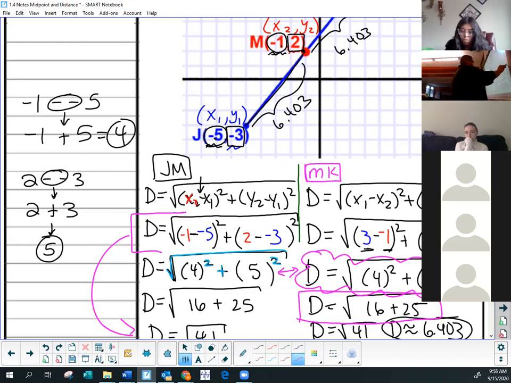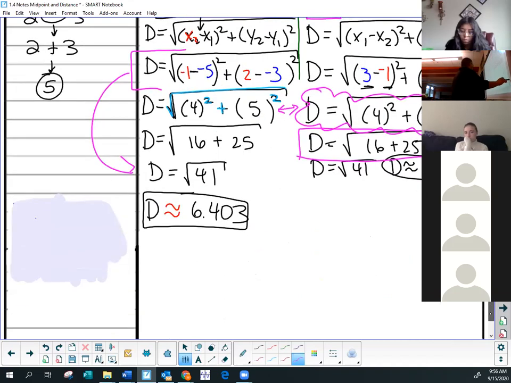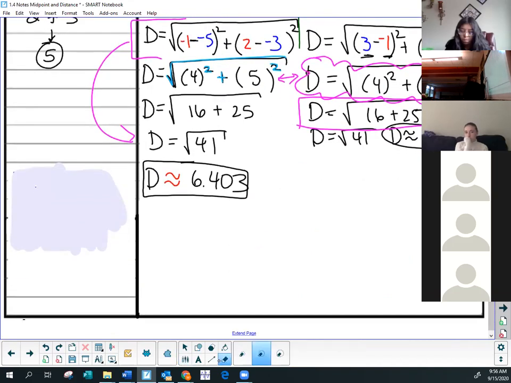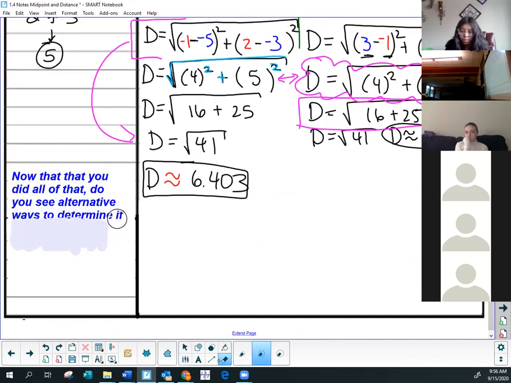All right. So in this analysis, I'd be remiss if I didn't ask this question then. Does anybody see a different way to calculate the distances that may be a little less algebraically intensive than the distance formula? Count the squares on the line.